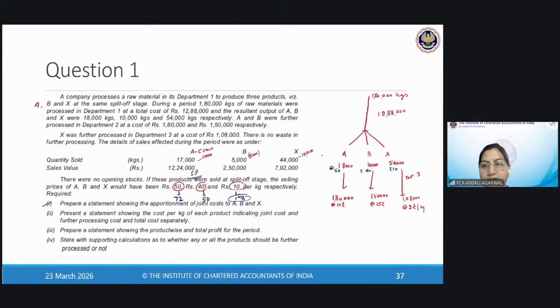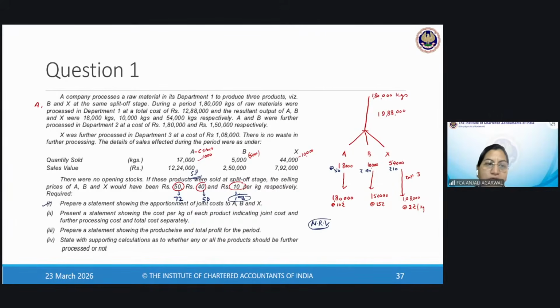So if here in this question we had been required to use net realizable value, so sales value after split off, then we would have taken 18,000 into 72, 10,000 into 50, and 54,000 into 18 to calculate the net realizable value. That sales value we would have taken.